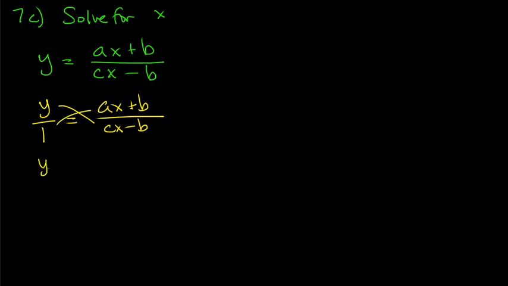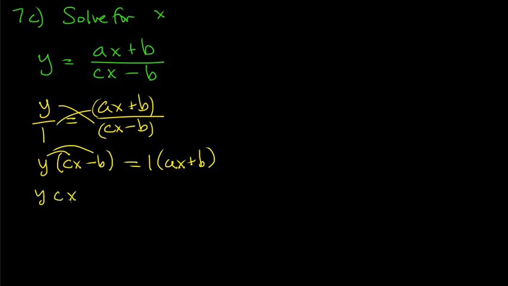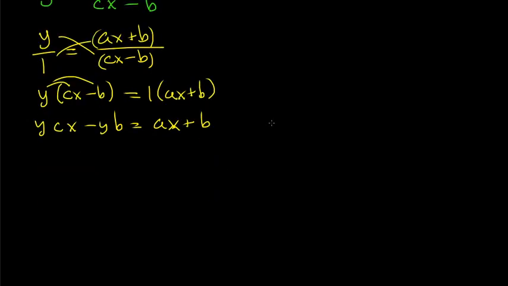So we're going to get y times cx minus b, don't forget the parentheses, and that's got to equal 1 times ax plus b. Okay, on the left, let's multiply this out. ycx minus yb equals ax plus b, so we don't need the 1. Now remember what we're solving for, right?